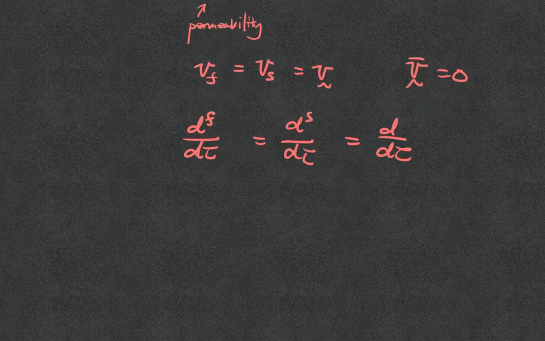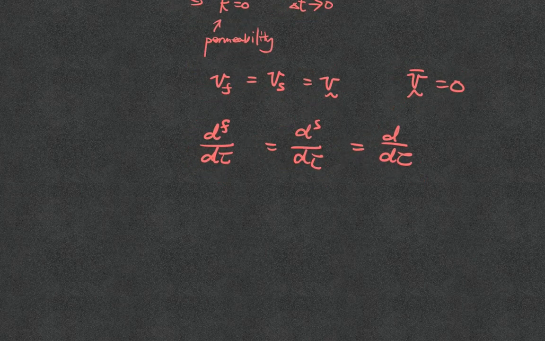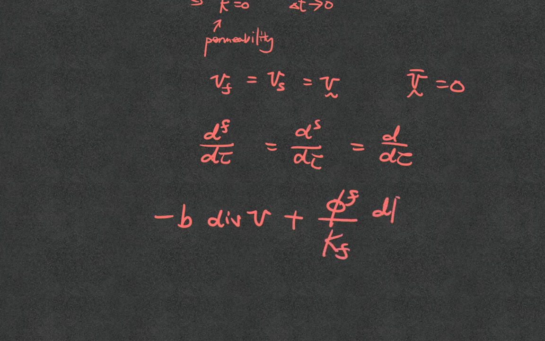Now, if we add these two things together and I add the term b there, then what I will have is 1 minus b times divergence of v, plus the porosity divided by K_f times the pressure change over time, plus the divergence of v equal to 0.